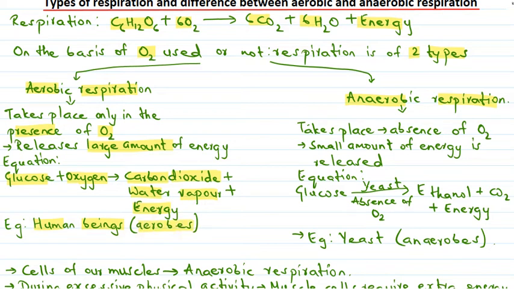So we have taken an example that human beings perform aerobic respiration and the organisms that perform aerobic respiration are called aerobes. Now, in case of anaerobic respiration, it is a type of respiration that takes place in the absence of oxygen, and during this process only a small amount of energy gets released. Here we have seen equation that glucose is being broken down, and here the breakdown of glucose is only partial, whereas in case of aerobic respiration the glucose breakdown is complete.